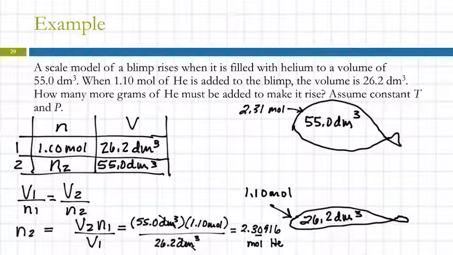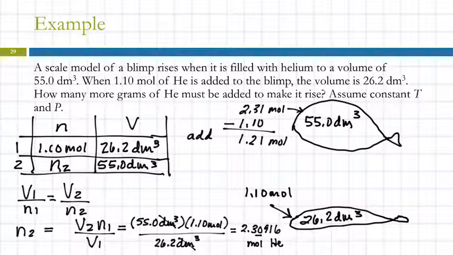Everybody okay with that? So this is what I have. This is what I want. The question is asking, how much helium do I have to add to get there? So I can figure that out in moles by subtracting 2.31 minus 1.10, which is 1.21 moles.